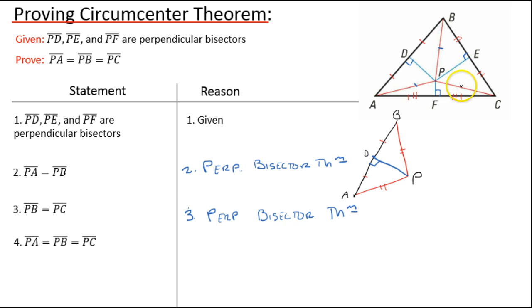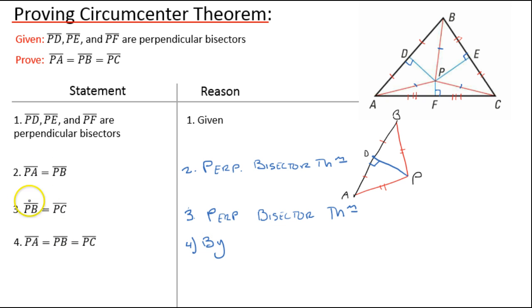If we visually see our picture up here, we notice that all of these three blue tick marks, or congruent marks, have been indicated to be congruent on the segments PA, PB, and PC. That is exactly what we needed to prove here. So our last statement would just be by the definition of equality. You can say that would be one way to conclude it.